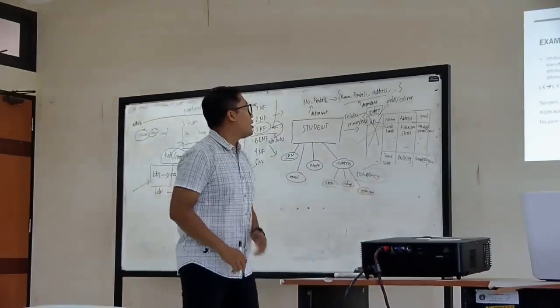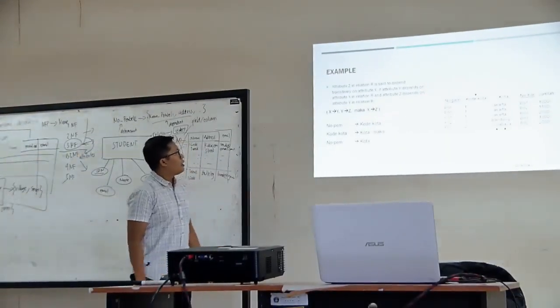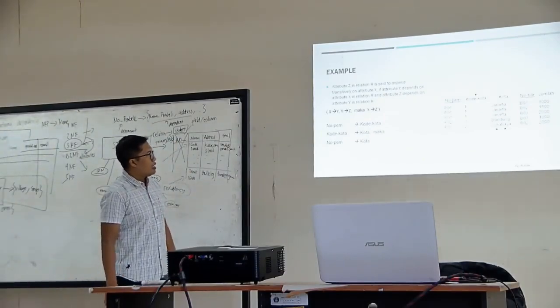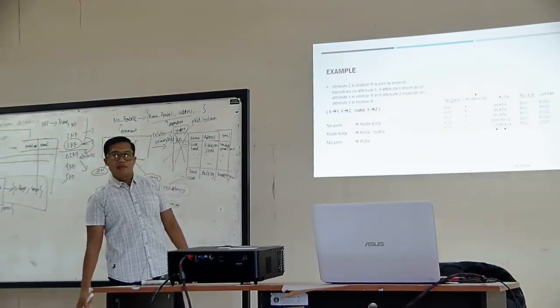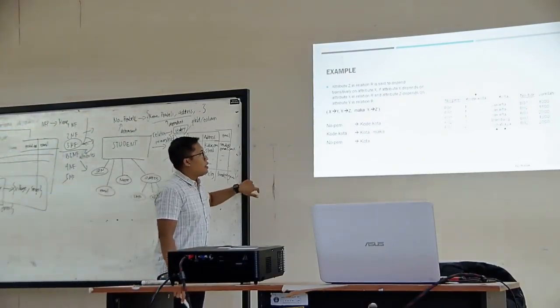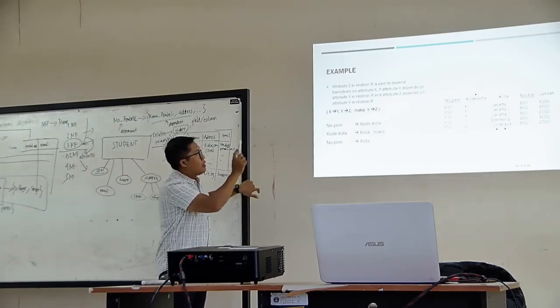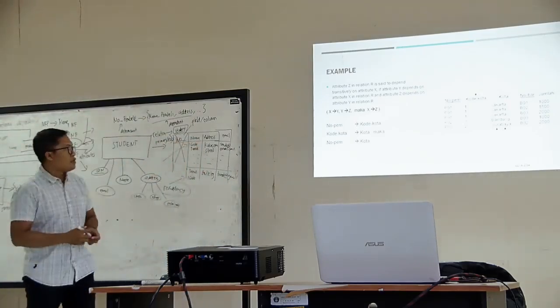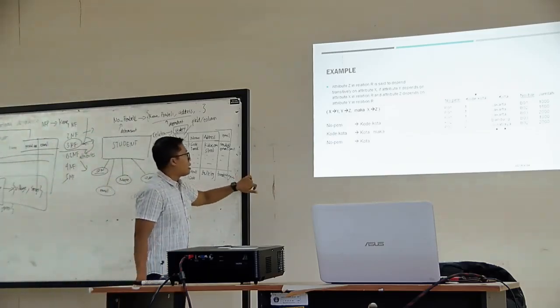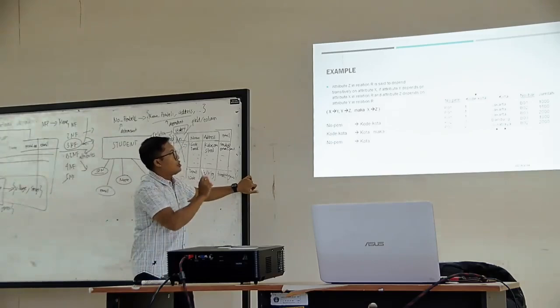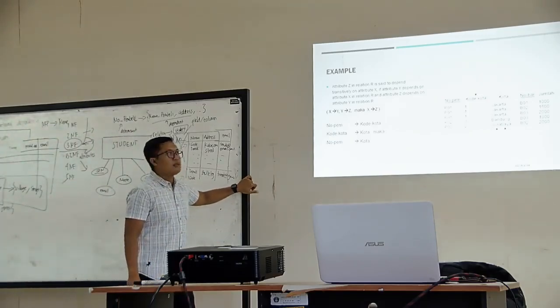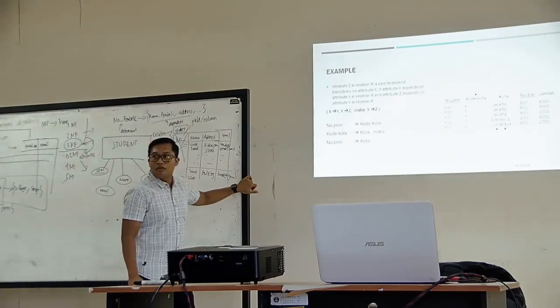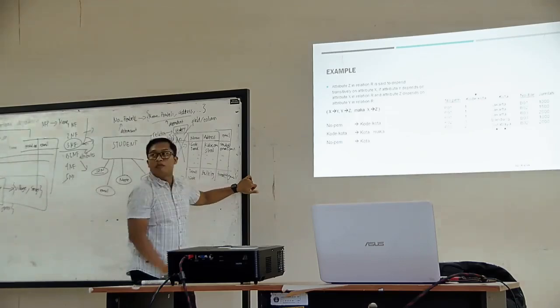Okay, for the example, we have a relation, shipping, and then we have fields like nomor pembeli, kode kota, nomor barang, and jumlah. So we need to identify the functional dependency first. Okay, first one, if we choose nomor pembeli as determinant, which attribute will be determined by nomor pembeli?